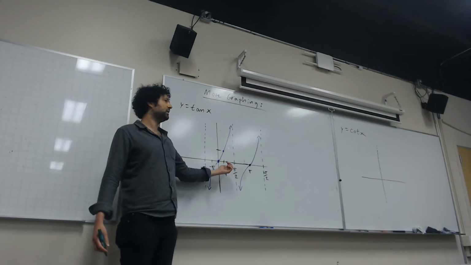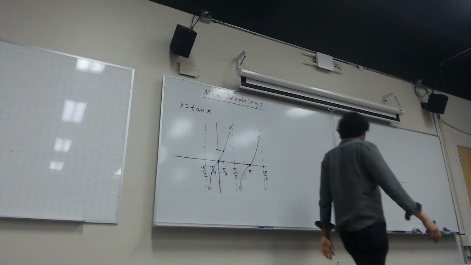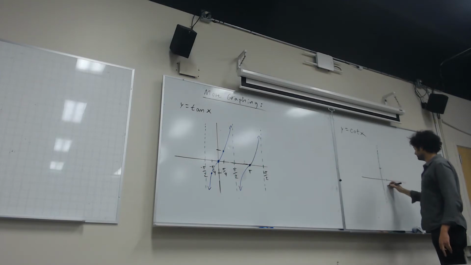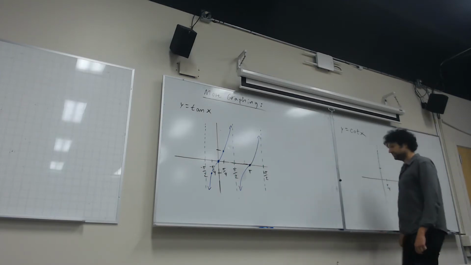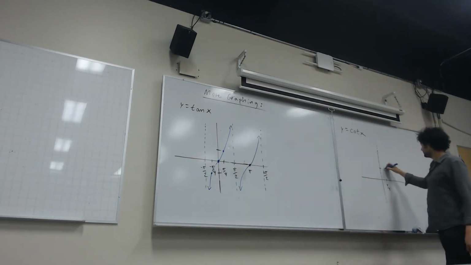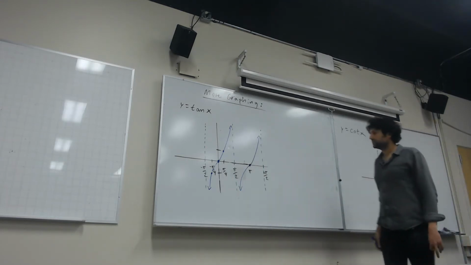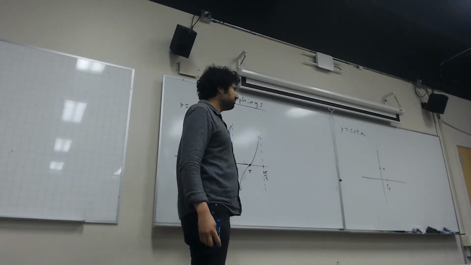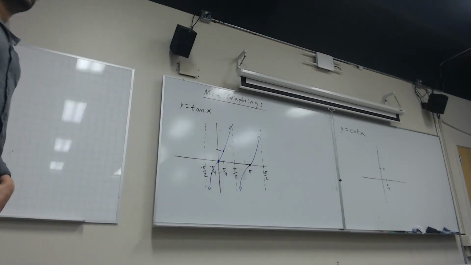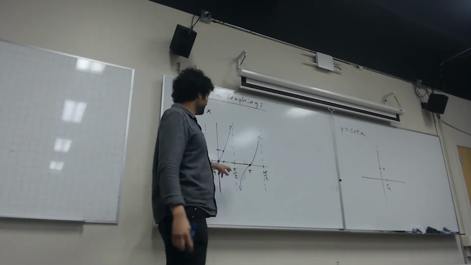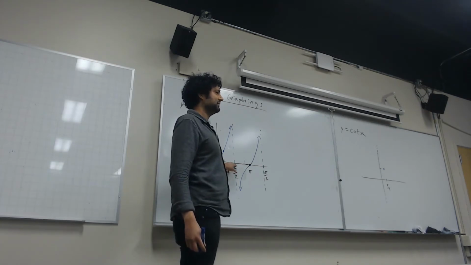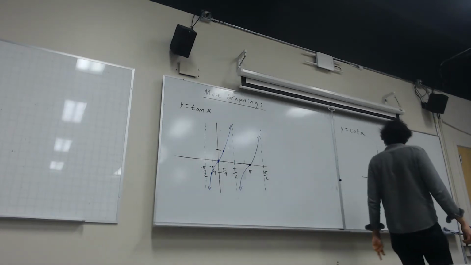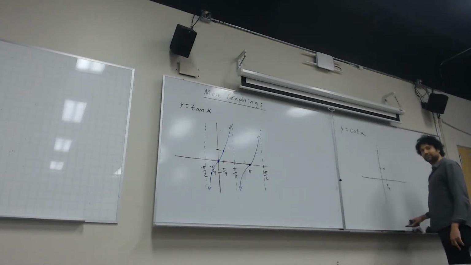So cotangent of pi over 4 is also 1. Now over here, tangent of pi over 2 is undefined, because you have a vertical asymptote. What's the reciprocal of undefined? Because that's going to give you cotangent. 0. So cotangent of pi over 2 is 0.